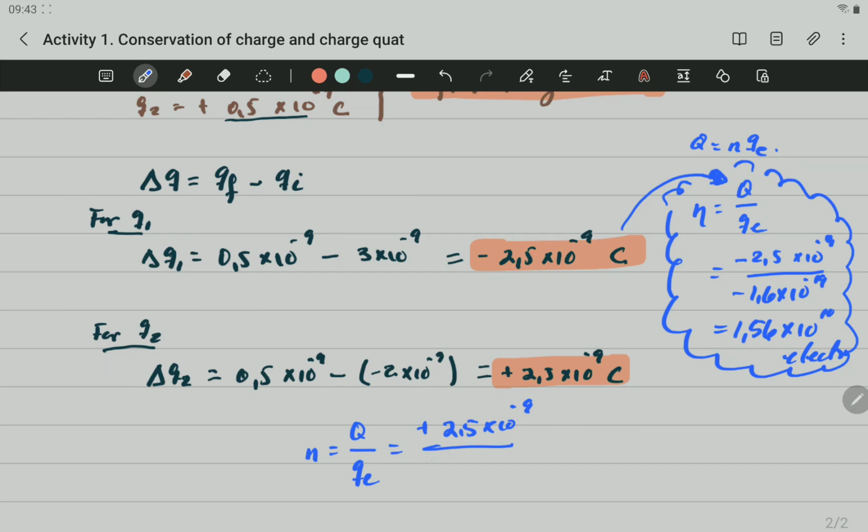So this one is equal to 2.5 times 10 to the minus 9 divided by 1.6 times 10 to the minus 19. We're using positive because it is positive. And the answer will be 1.56 times 10 to the 10 electrons.